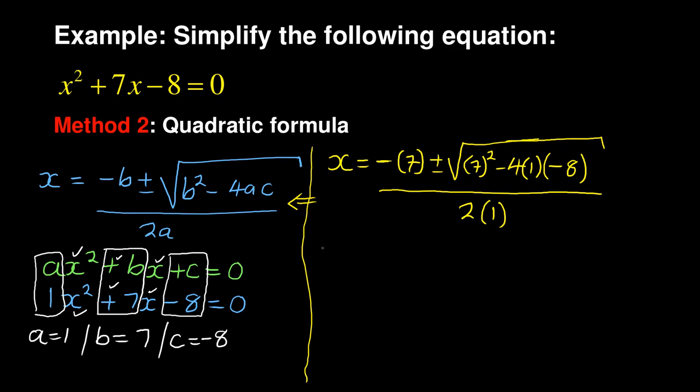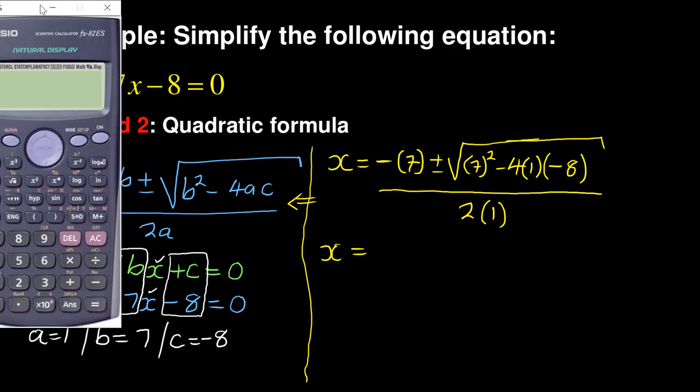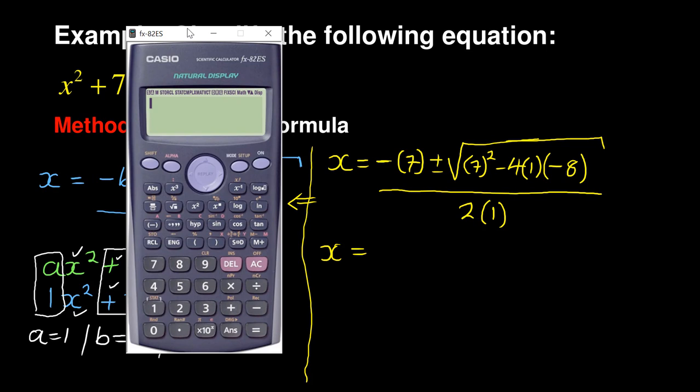And then when I've done that, I've got now my x is equal to. I always encourage you to use your calculator directly so that it can give you your answer straight away. So I will put a fraction first because I've got a division line there, and then I'll start with minus 7.